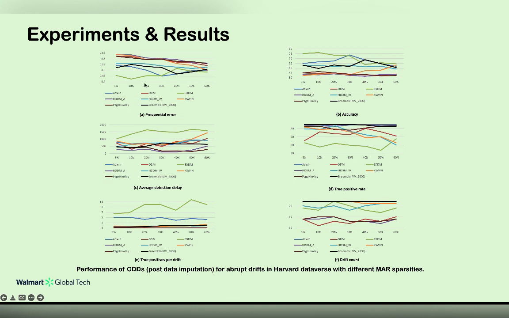That means even though EDDM is best if we check frequential error and accuracy, it is not best in terms of average detection delay or true positive per drift, because ideally true positive per drift should be 1. For a drift it should detect it just once. Its performance degrades, it is not a winner if we check average detection delay or true positive per drift.